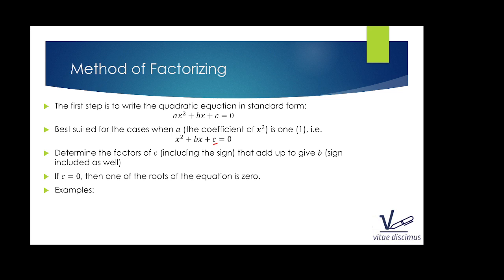If c is 0, then one of the roots of the equation is 0, because we simply have x squared plus bx equal to 0. To factorize that, we simply factor out x, and we have x times (x plus b) equals 0, meaning x equals 0 or x equals minus b.